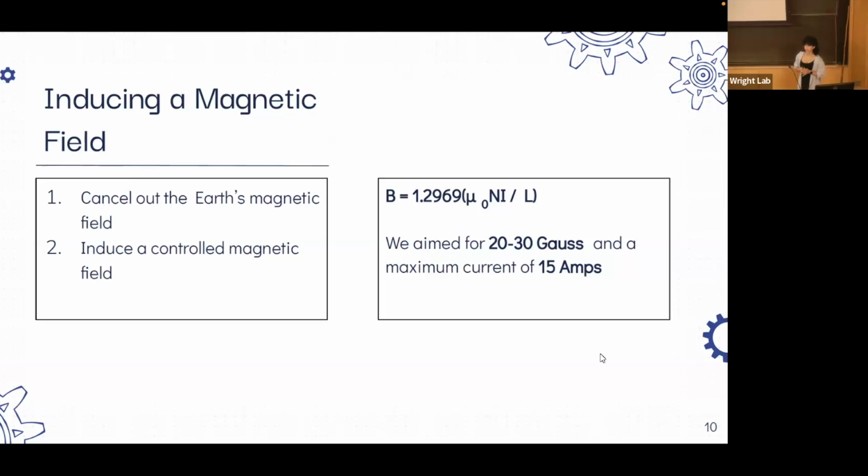So 20 to 30 Gauss would definitely separate these two states completely. Although we do have a supply of 20 amps, we aimed for 15 so that the coils and the wire we were using wouldn't overheat entirely.